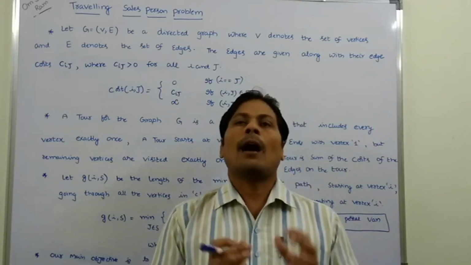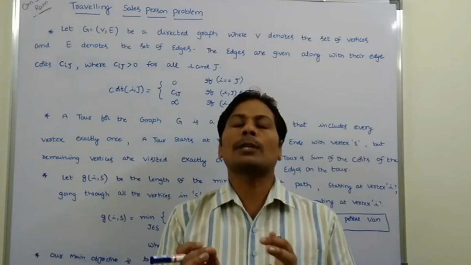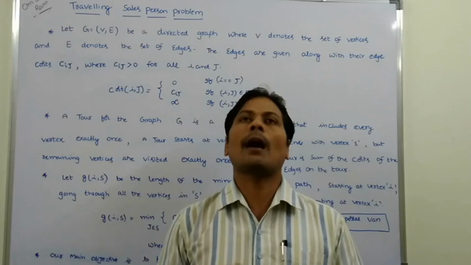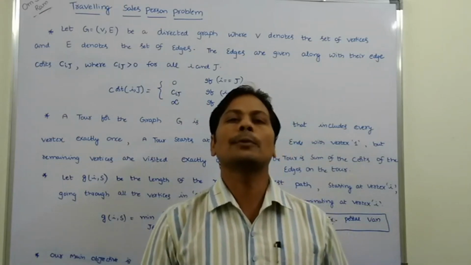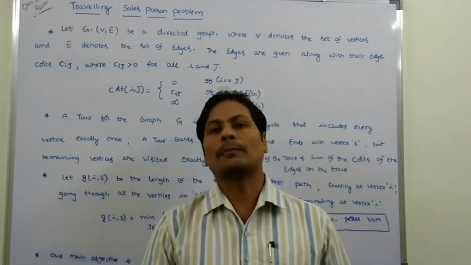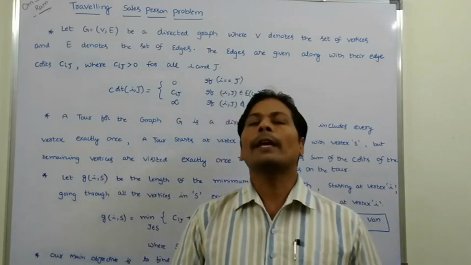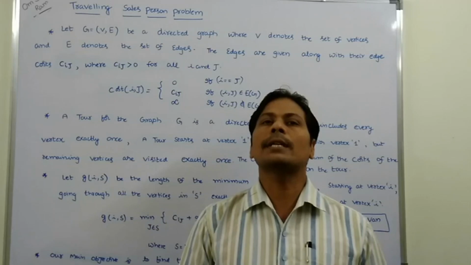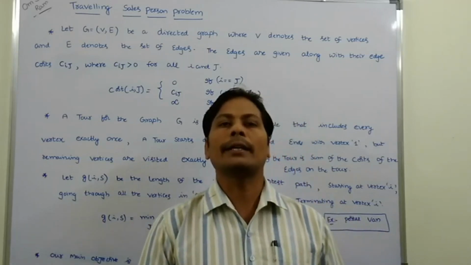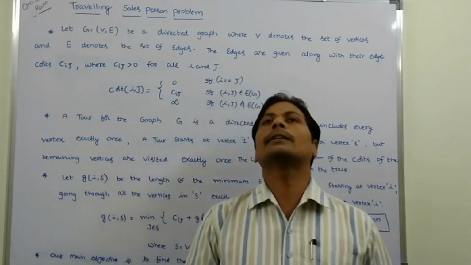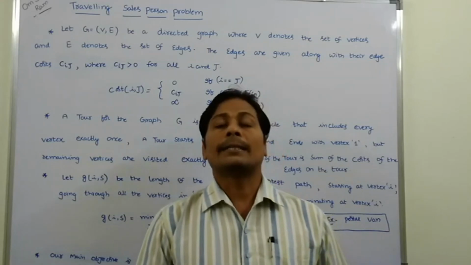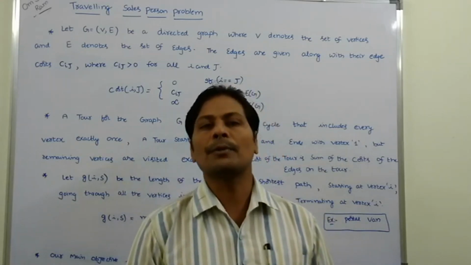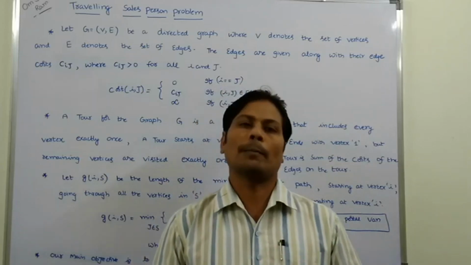Then the sum of the optimal solutions of the sub-problems may produce the optimal solution to the original problem. So in this way, we find the optimal solution by using the principle of optimality and taking a sequence of decisions. Finally, we get the optimal solution to the given problem.